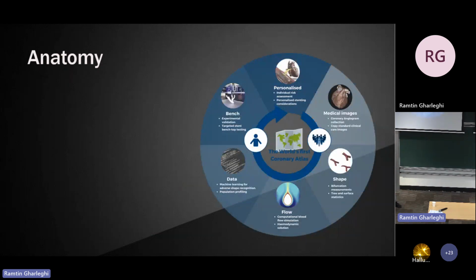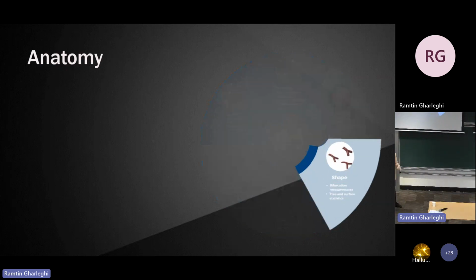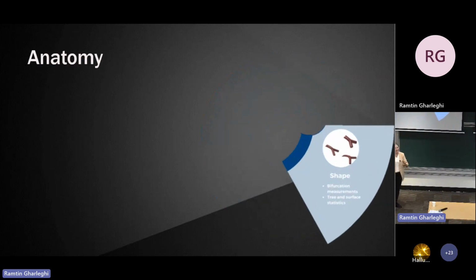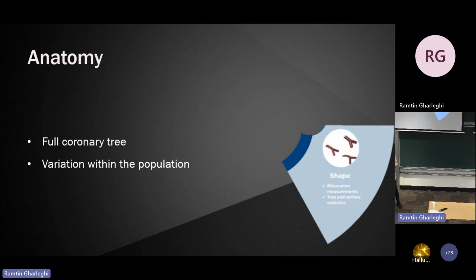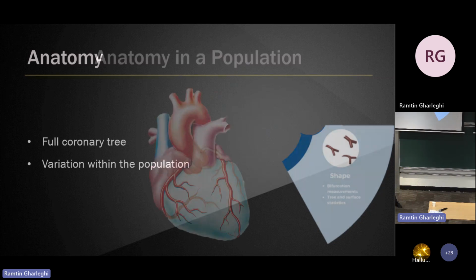In terms of anatomy, I mentioned it already, some of the methods we can break it down. We talked about PCA analysis, principal component analyses. We analyze the full coronary tree, including looking at the variation within the population.